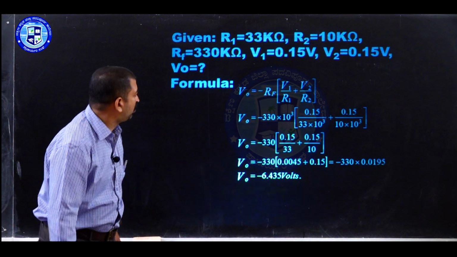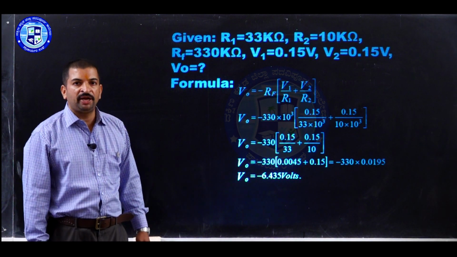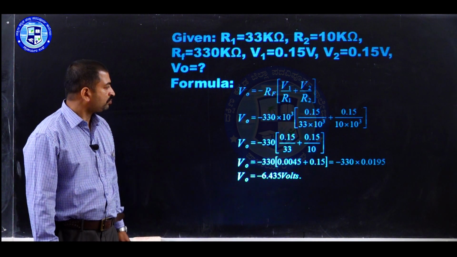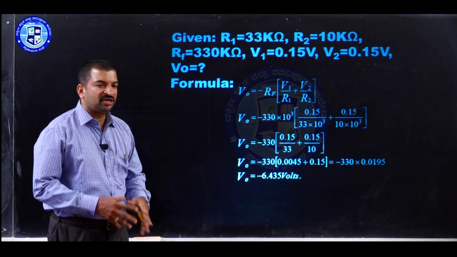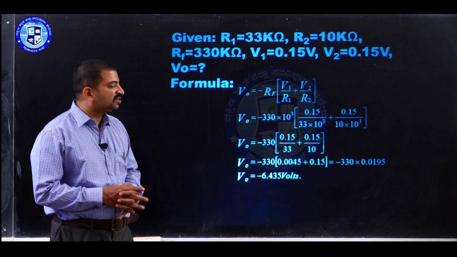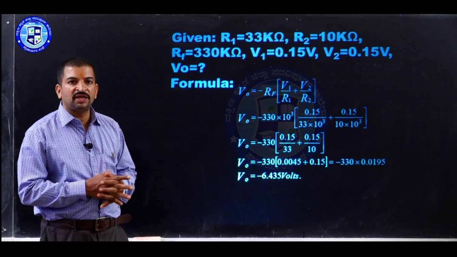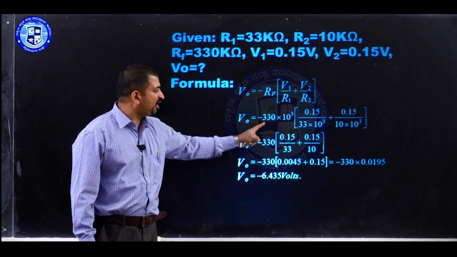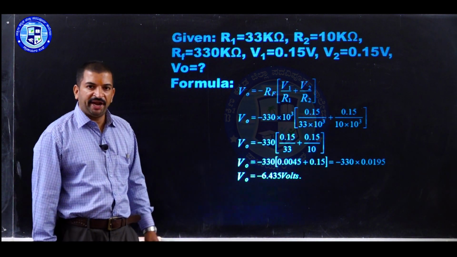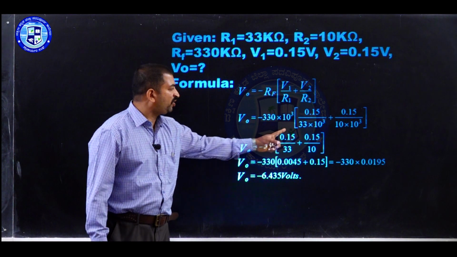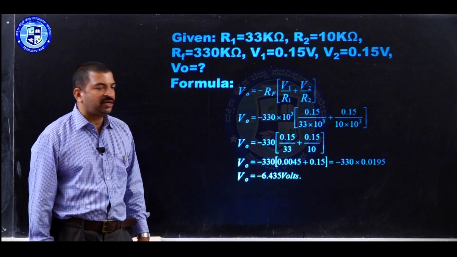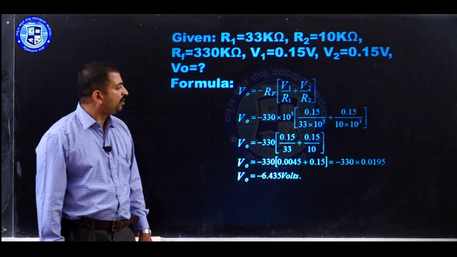VO is given by the formula minus RF into V1 by R1 plus V2 by R2. RF is 330 kilo ohm, R1 is 33 kilo ohm, R2 is 10 kilo ohm. Let us substitute in this equation. VO equals minus 330 into 10 to the power 3 into 0.15 divided by 33 into 10 to the power 3 plus 0.15 divided by 10 into 10 to the power 3.